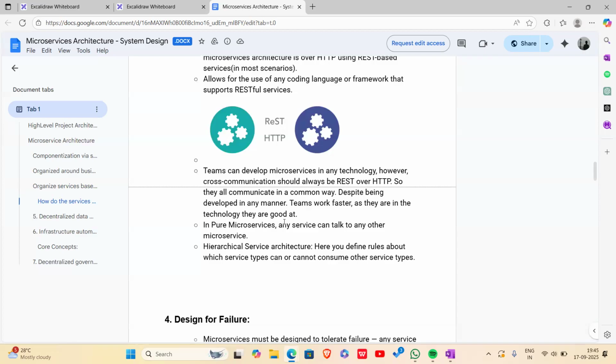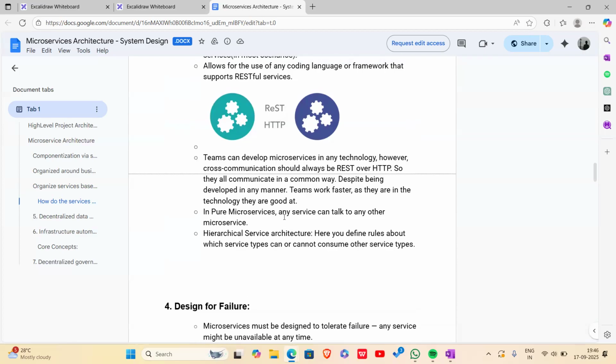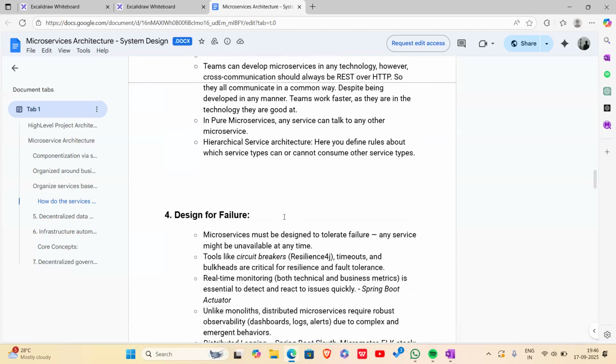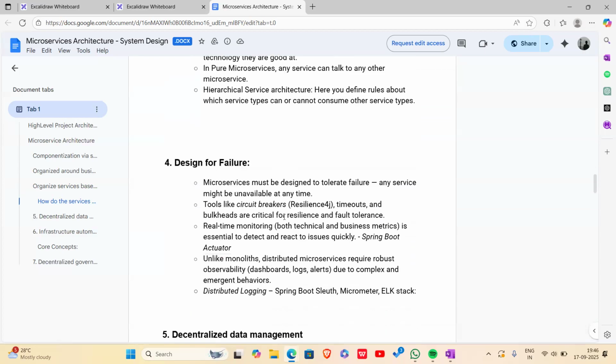So we can also design the architecture in such a way that services are accessed through REST over HTTP requests.